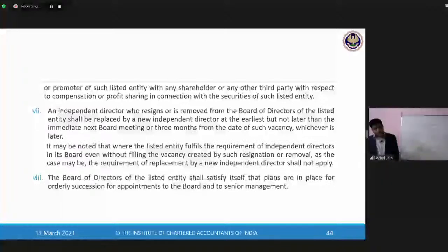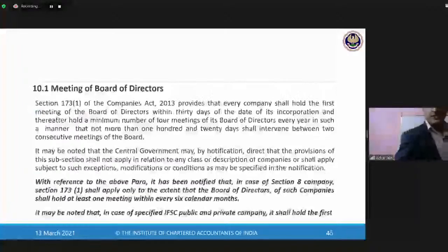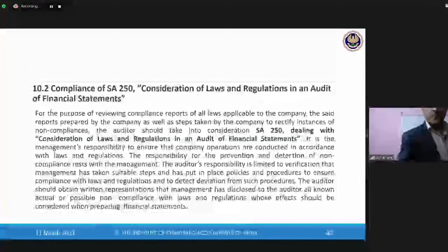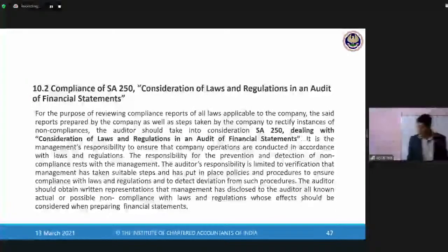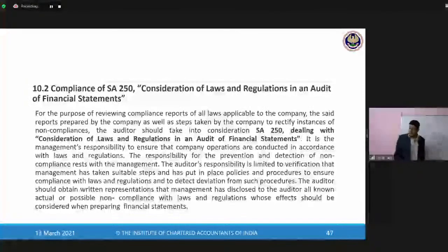Now moving further, as around the compliance of laws and regulations. Whose responsibility is this? It's the responsibility of the management. Remember, whose responsibility is this? It's the responsibility of the management.